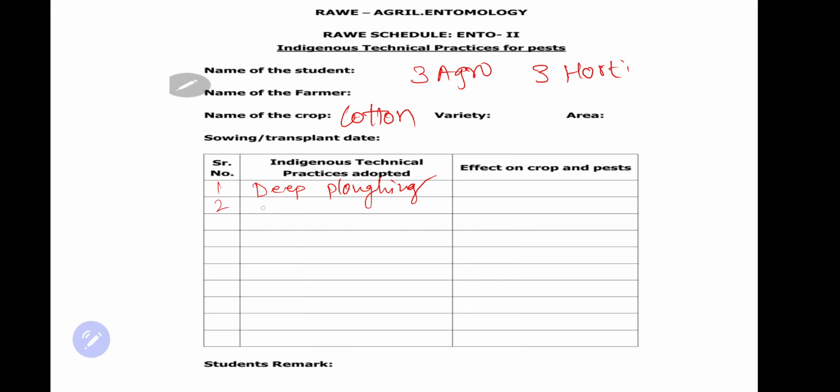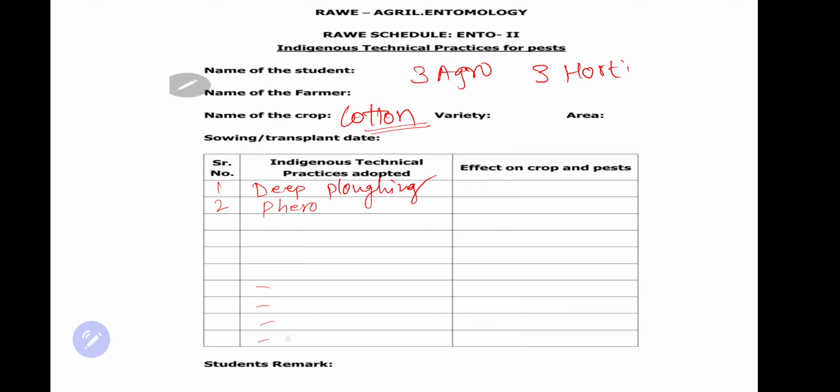Similarly, you can mention pheromone trap, then sticky trap. But remember, you are not collecting data for a single pest; for cotton, it is for all borers and sucking pests together. Then there are several sprayings that may be done by the farmer.